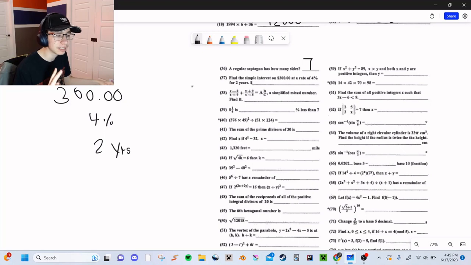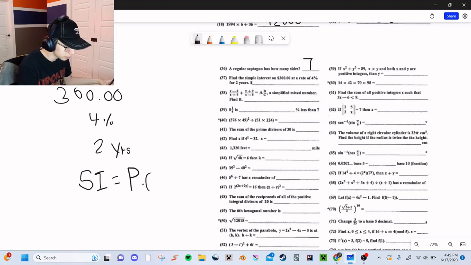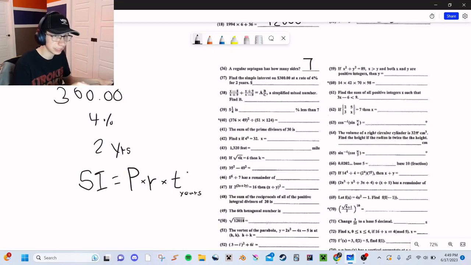So the way to find the simple interest on something, the formula for simple interest is equal to your principal times your rate times your time in years. So T with a subscript years to show we're talking about years.